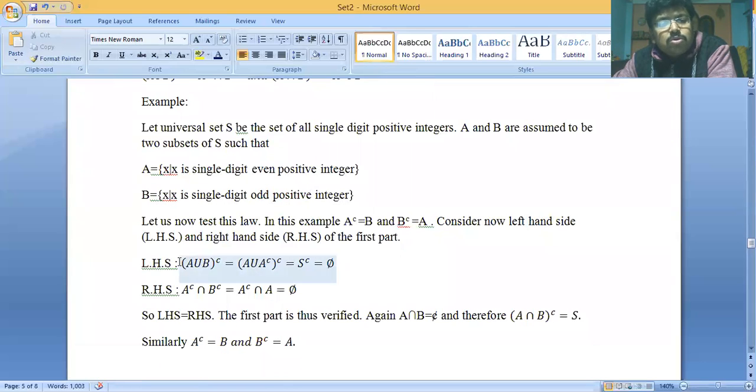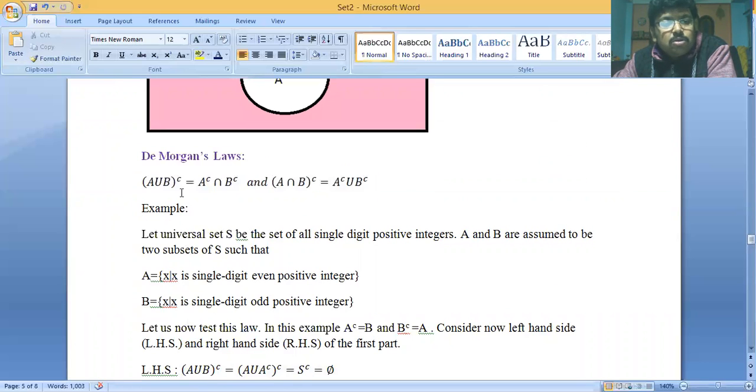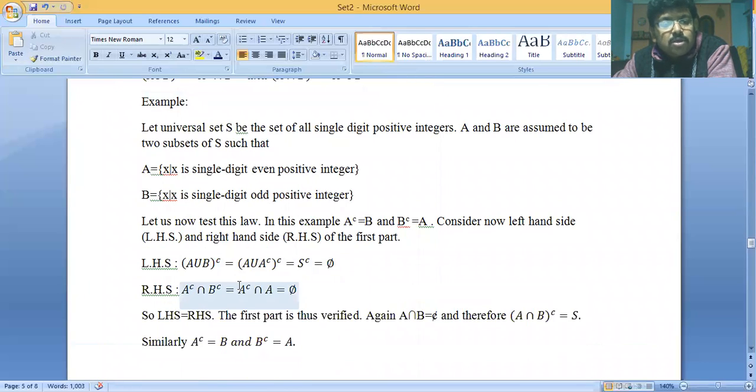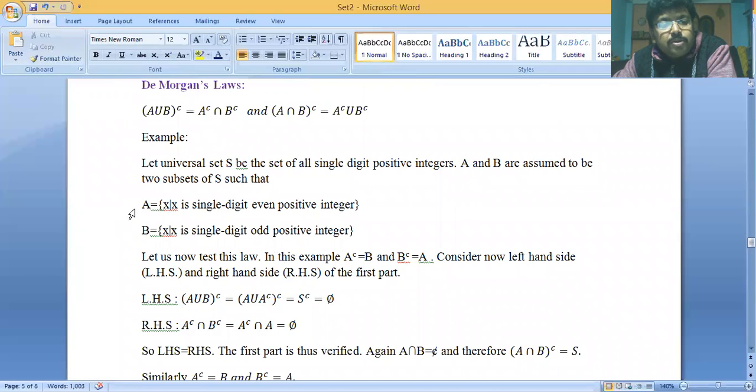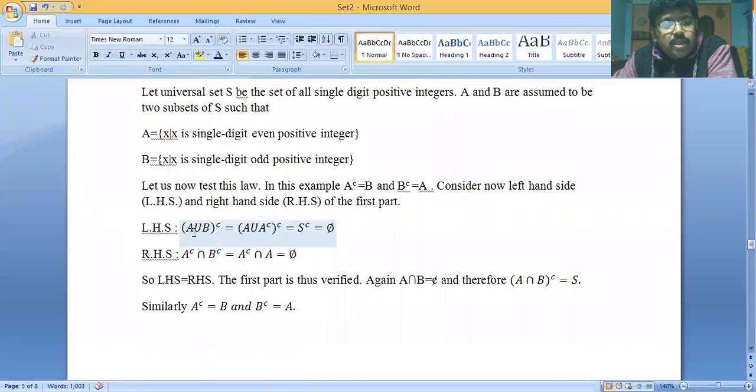So let us now test this law. What is De Morgan's law? Let us now prove this. In this example, A complement equals B, and complement of B is equal to A. Consider now the left hand side and right hand side of the first part. Left hand side: A union B and its complement.